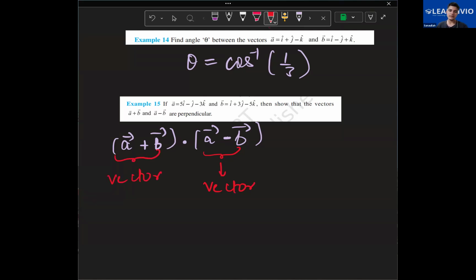So always remember, when you multiply two vector quantities with a dot product, that will give you a scalar quantity. Always remember this.